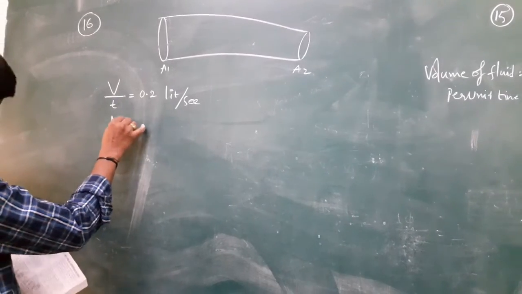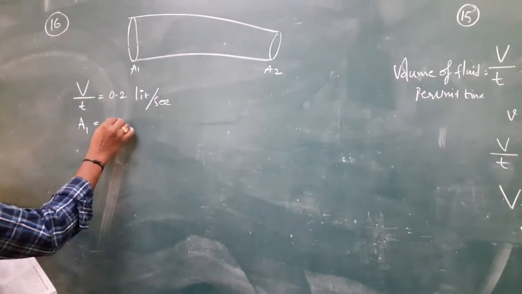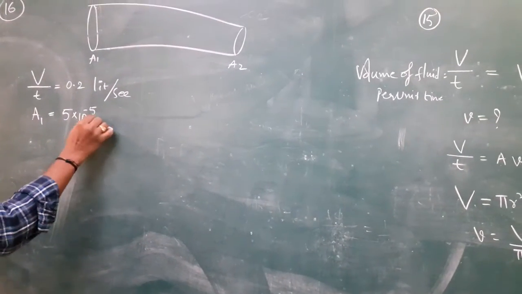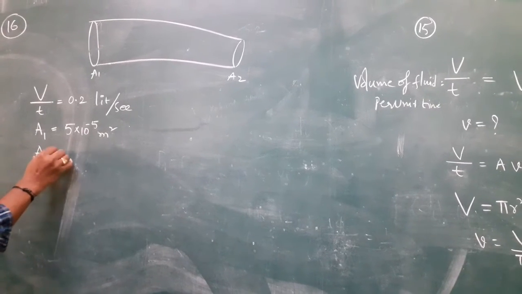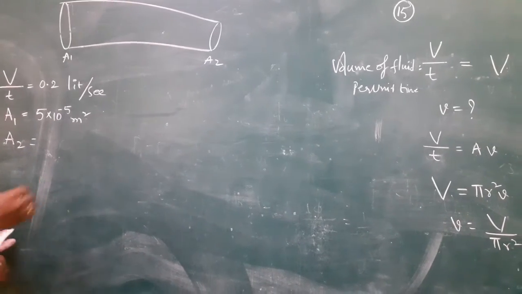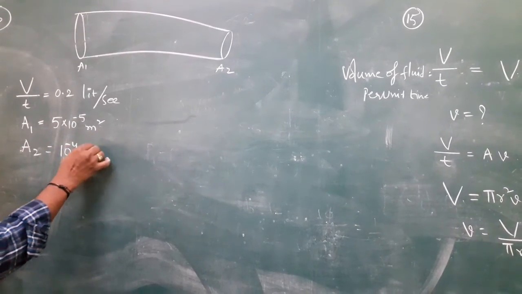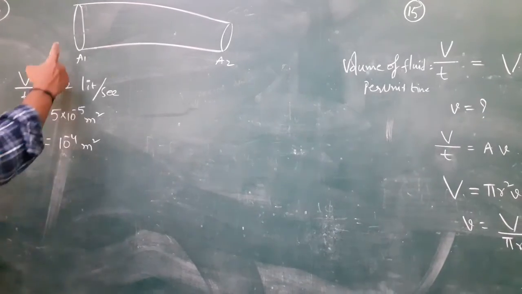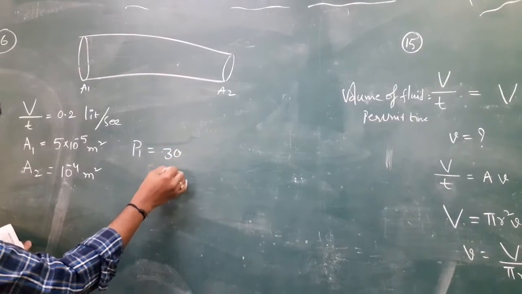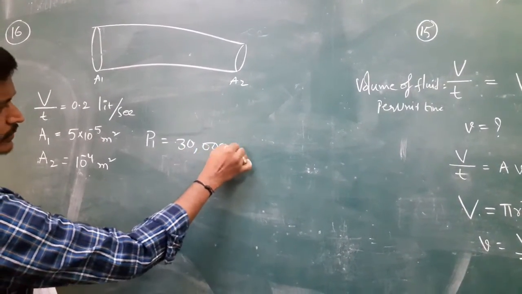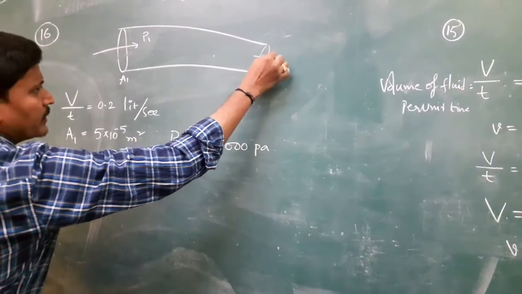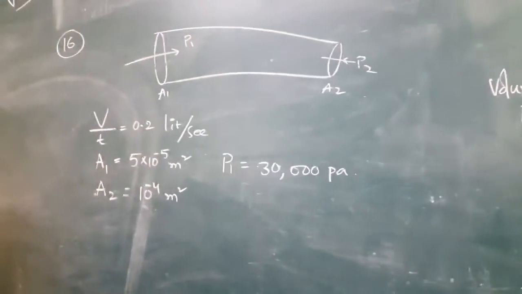A1 is given as 5 into 10 power of minus 5 meter square, and the area of cross section at the other end is 10 power minus 4 meter square. Pressure at the first point is P1 equal to 30,000 Pascal. This is the pressure at the first end, and the pressure at the second end we can find.